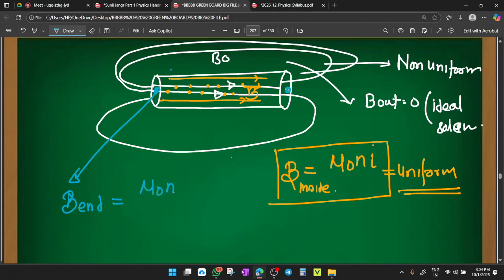It is mu naught n i by 2, just half of the field at the center or inside. B at the end equals mu naught n i by 2.